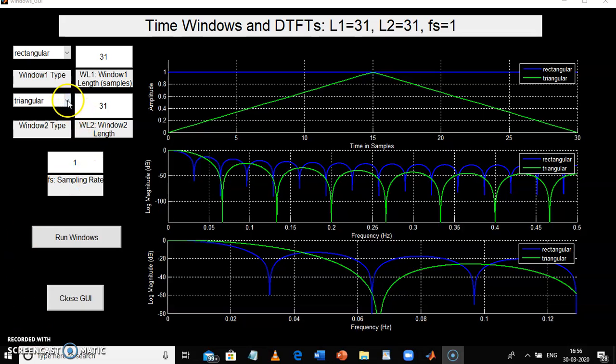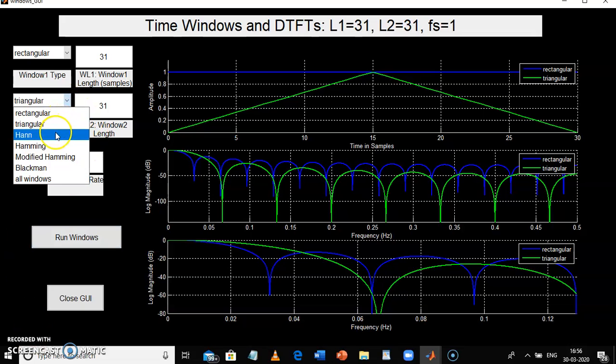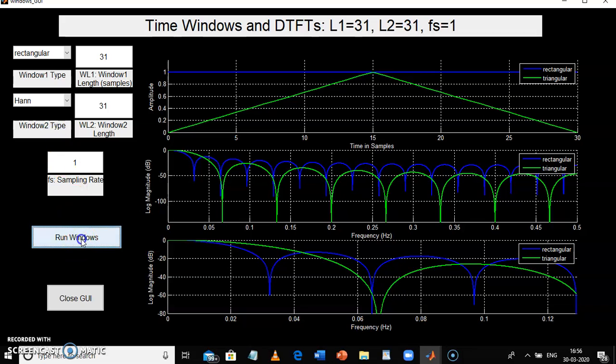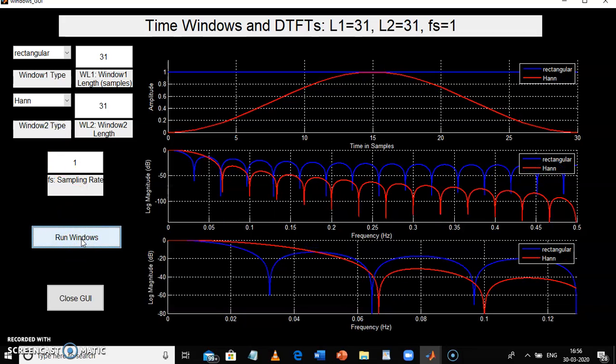Likewise, we can compare this with a Hann window. Here we have a blue rectangular window and this red Hann window. When we plot the frequency response, we are plotting the response from below 0 onwards.